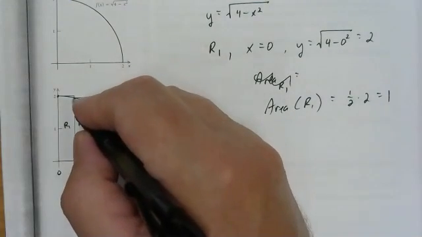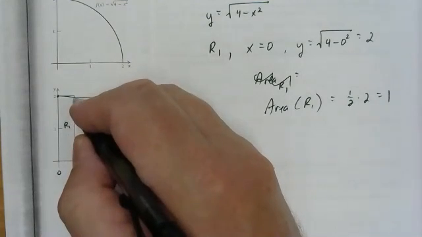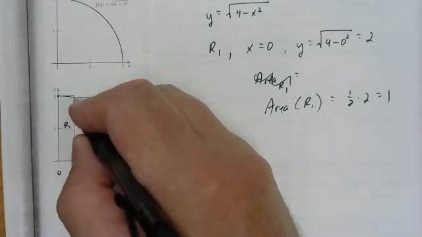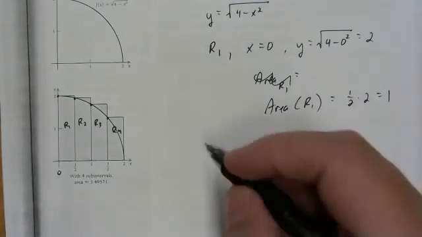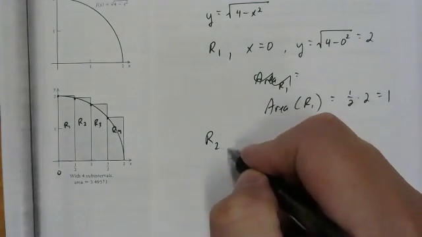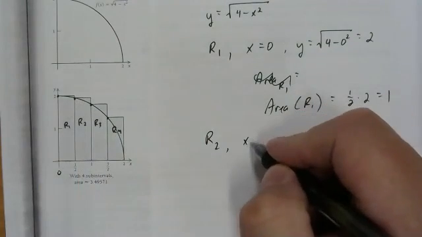Now let's go find the area of the second rectangle. Well, I know the width is 1/2. What's the height? Well, it's this point right here. What's the y value of this point? I cannot really tell from the graph. That's why I have to use my equation. So for R2, x is 1/2.